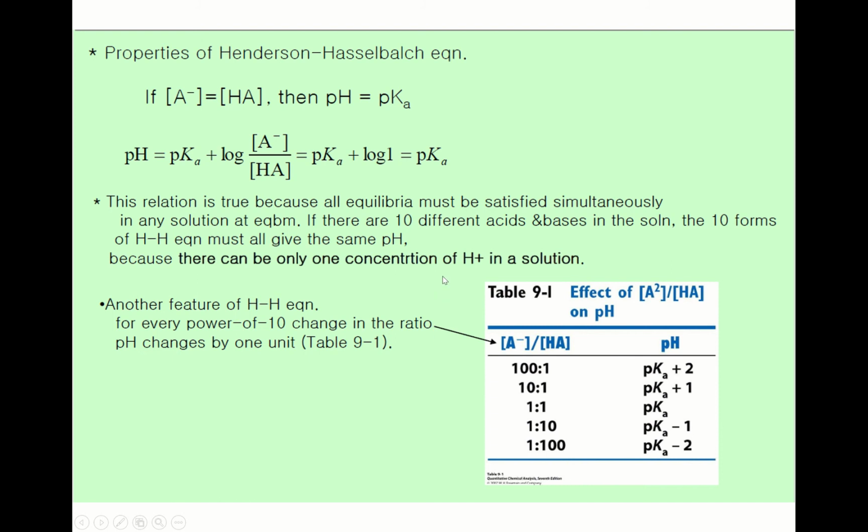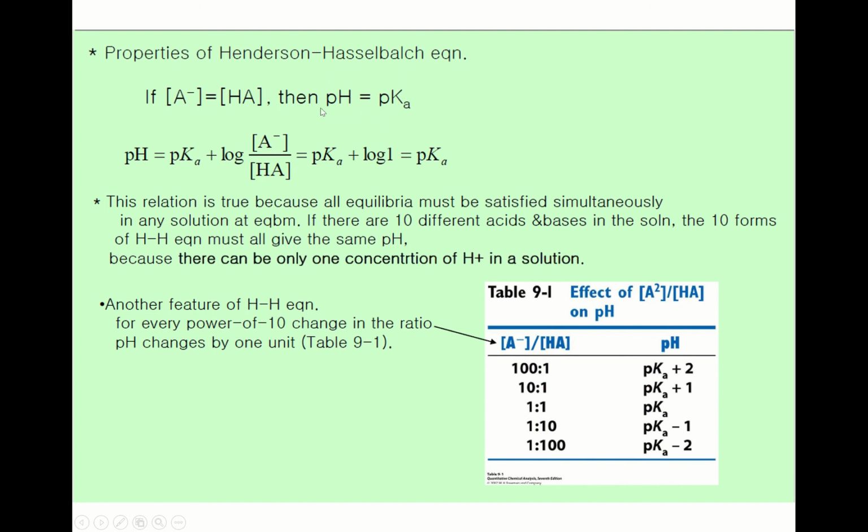Here are the properties of the Henderson-Hasselbalch equation. When the A minus and HA concentrations are the same, that means at first you prepare an HA solution and an A minus solution, and since the concentrations are the same, pH becomes pKa.